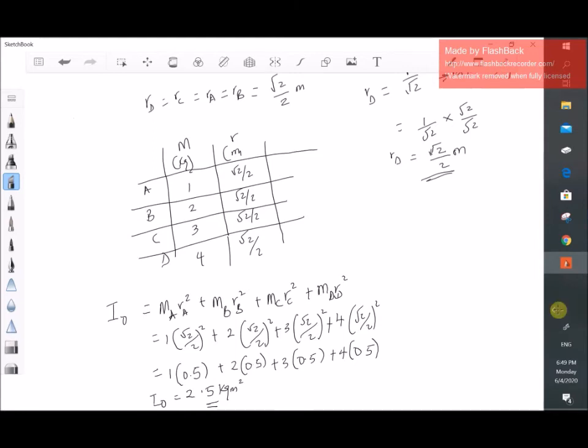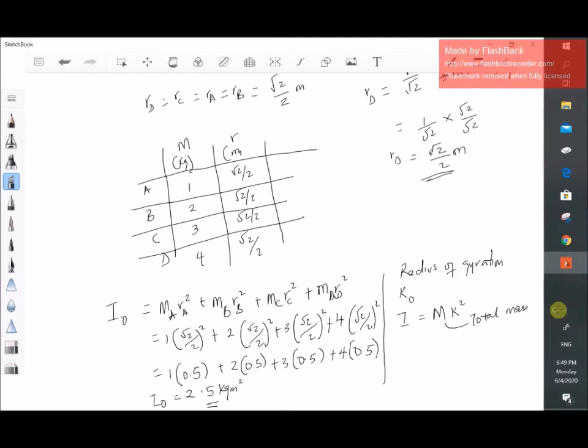Alright, so next is to find the radius of gyration at the center. The formula is given as moment of inertia equal to the mass times k squared. Please remember that this mass is the total mass.